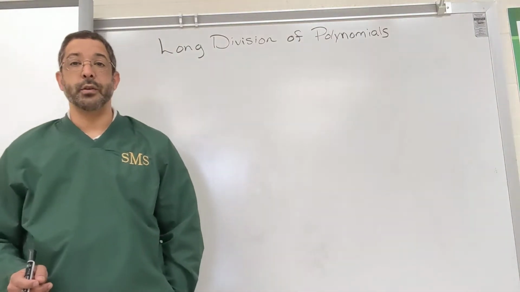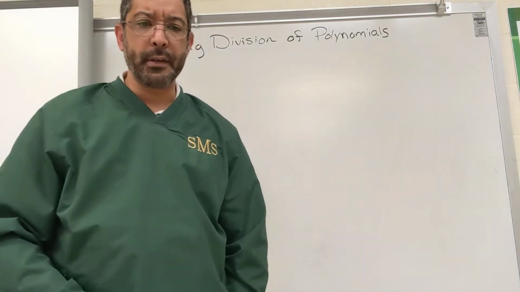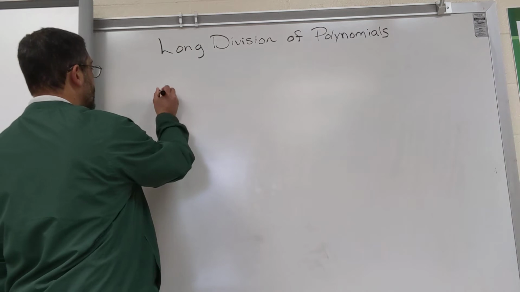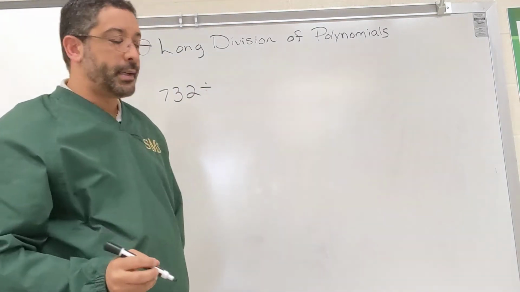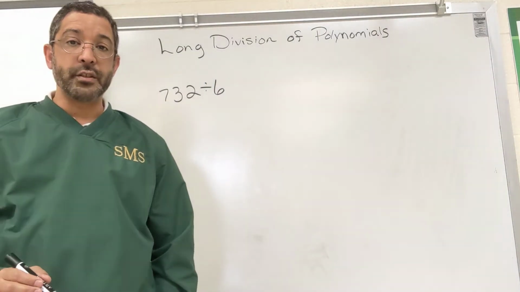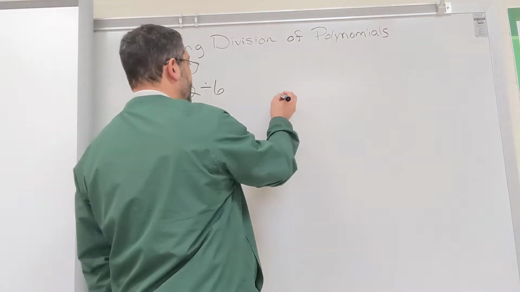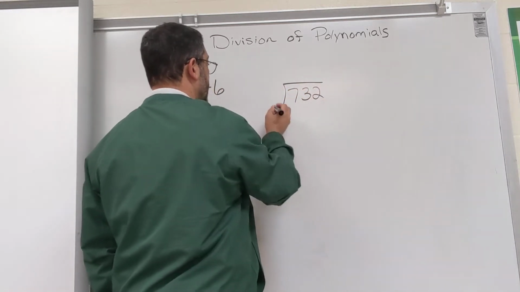Back in elementary school, you learned how to do long division. And so if I were to take a problem such as 732 divided by 6, if I wanted to solve that by long division as opposed to using my calculator, I would set it up such as this. I'd put 732 over here.